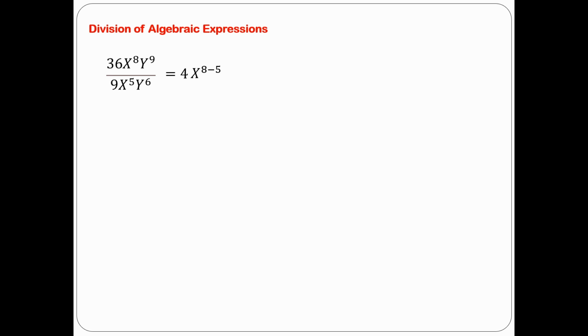And we are going to do the same thing with the y variable. So it is going to be y raised to the power of 9 minus 6. 8 minus 5 is 3, and 9 minus 6 is also 3. So our final answer is 4x cubed y cubed.